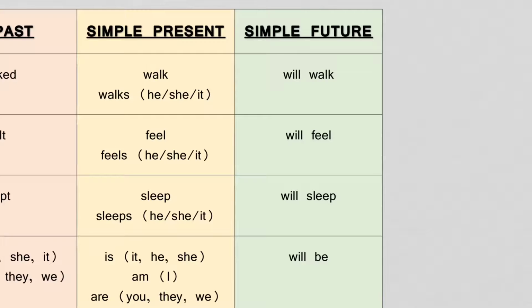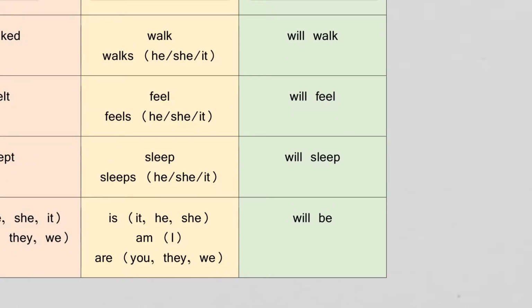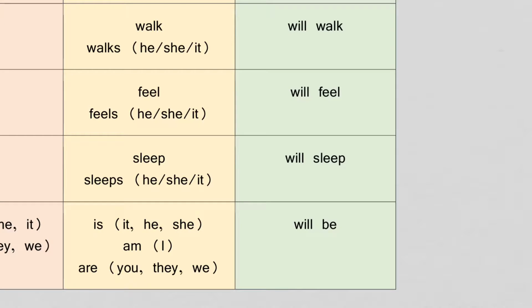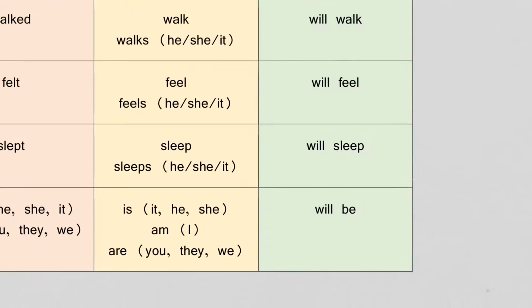Or I feel good right now. And careful, if you're using he, she, or it, right? Maybe the wind feels cold. It feels cold. The wind feels cold, right? Or I will feel better tomorrow.